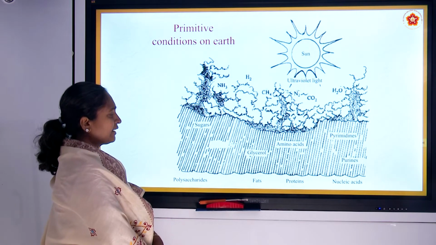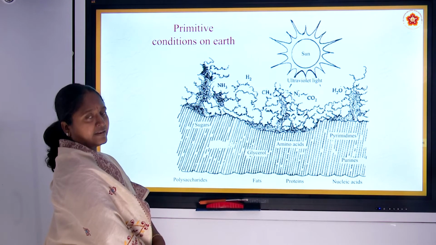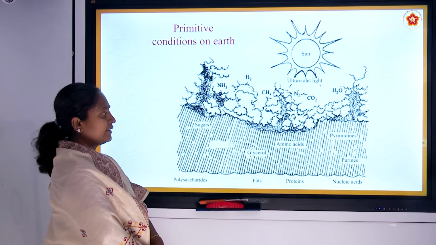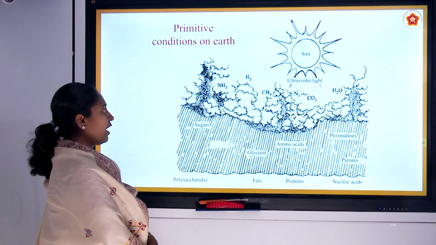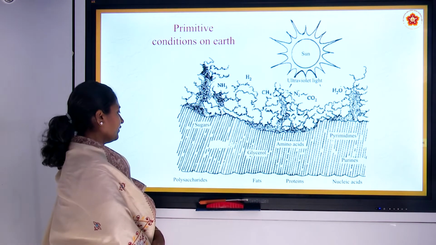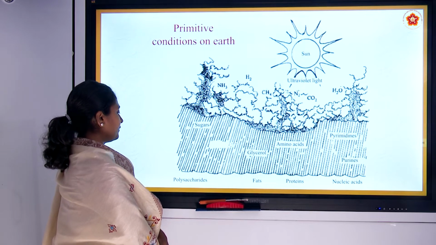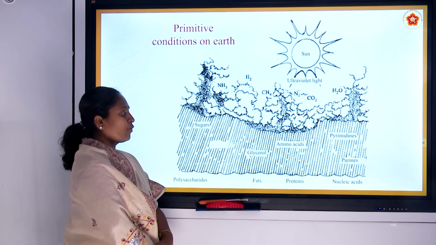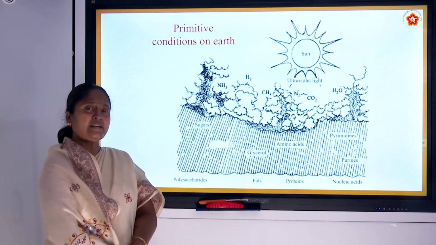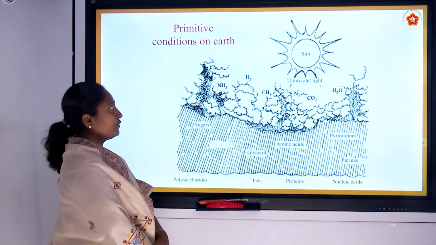Then some of the nucleotides, that is pyrimidines and purines, the nitrogen bases present in the genetic material, all started forming in the primordial soup. We can see that complex molecules, that is polysaccharide, fat, protein and nucleic acids, started forming on that primitive earth. We'll move further.